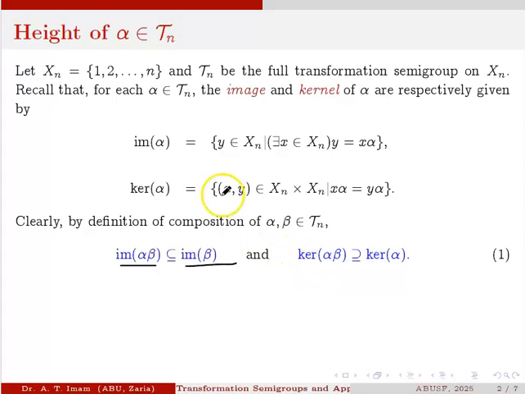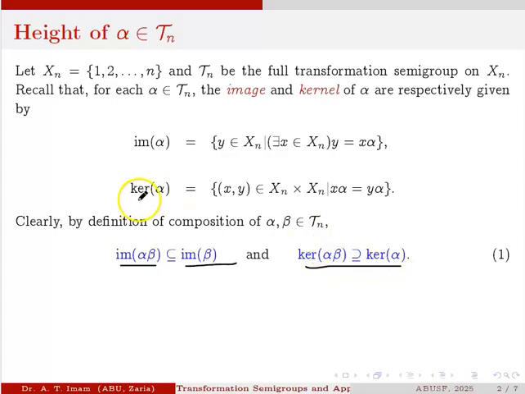Likewise, if you look at the definition of the kernel, the kernel of the product will be a superset of the kernel of alpha. This is because elements that are related under the kernel of alpha will remain related in the product.